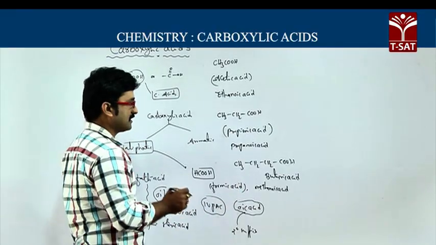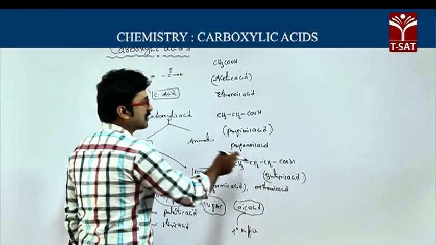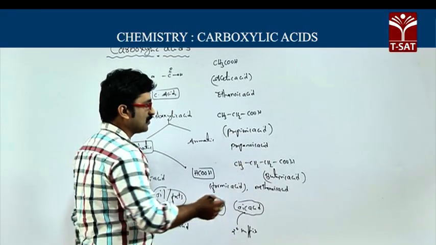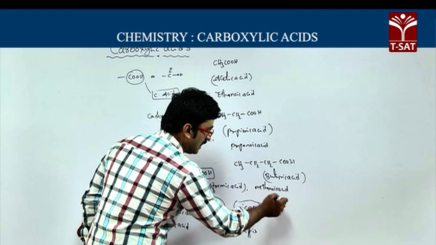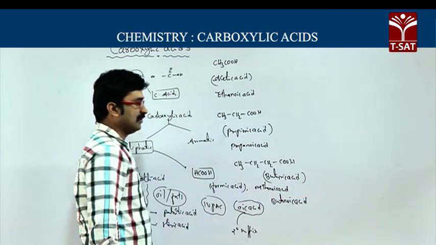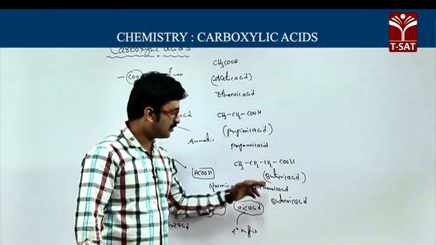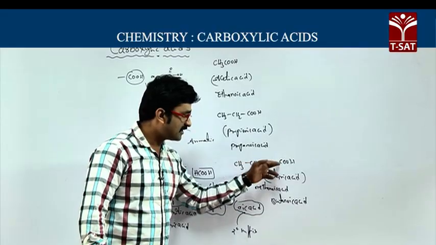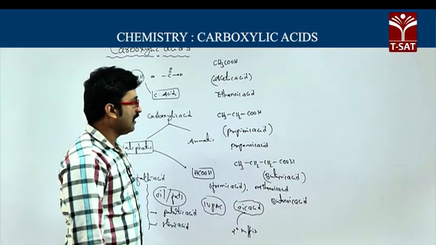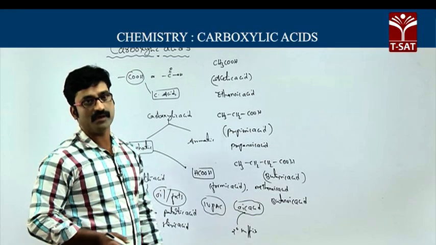This carboxylic acid contains 1, 2, 3, 4 carbon atoms, so the IUPAC name is butanoic acid. Butane has carbon single bonds, so you have to remove the terminal e and add oic acid. Its IUPAC name is butanoic acid, and it is obtained from butter.